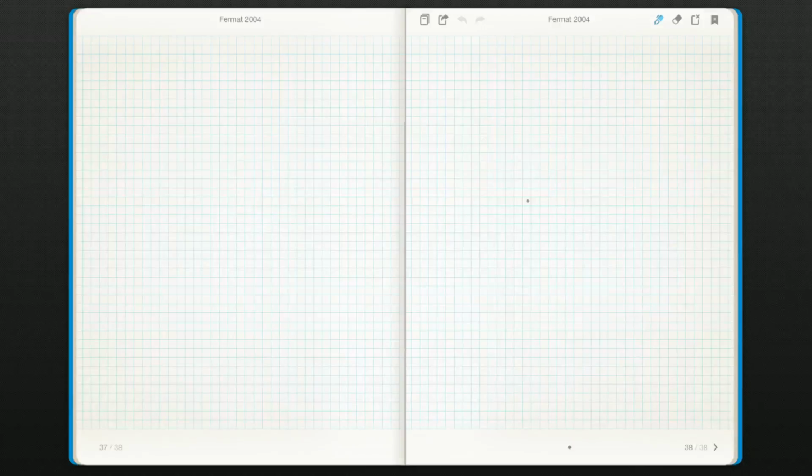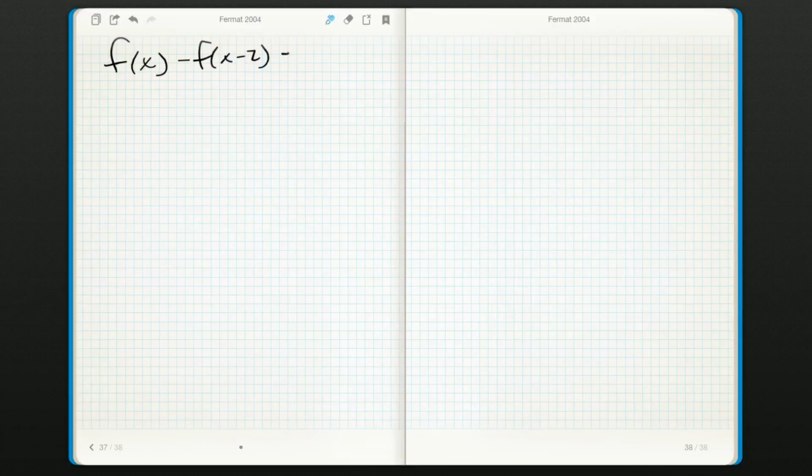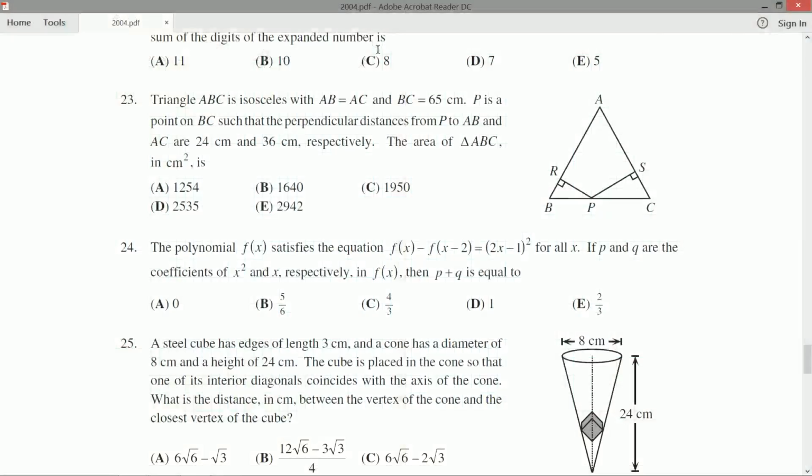Let's just copy our equation here. f of x minus f of x minus 2 is 2x minus 1 squared, right? That's what it was, 2x minus 1 squared.